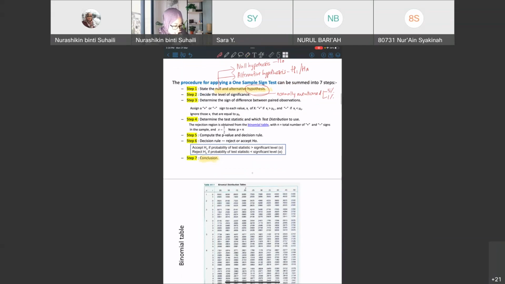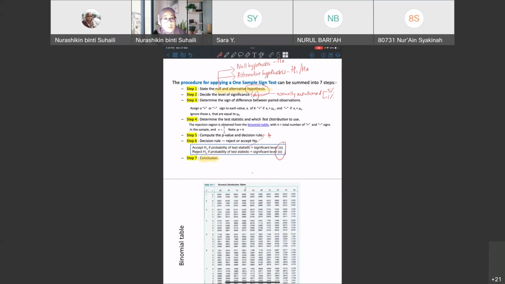Step 5, compute the p-value and decision rule. Step 6, make a decision based on this decision rule. So these are the conditions. Here you have the probability of the test statistic from step 5, and the level of significance is alpha. The value that you got from step 5, you will compare with the value of alpha.